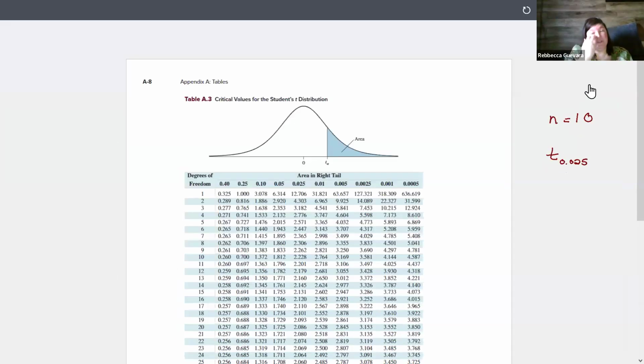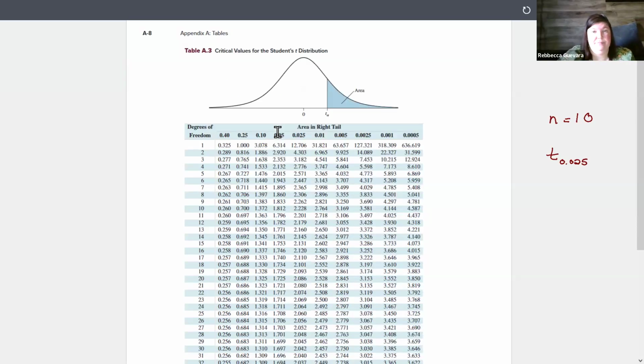If you remember, your z-table is always area to the left, this is always area to the right. So if we have a sample size of 10, then my degrees of freedom are going to be 10 minus 1, or 9.